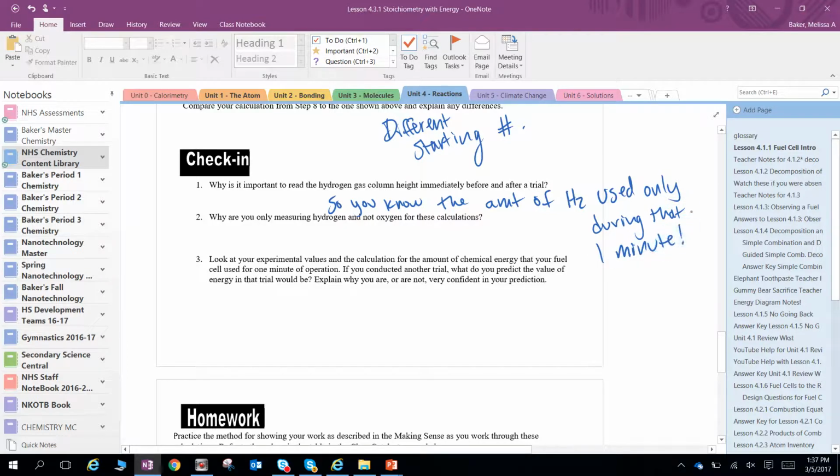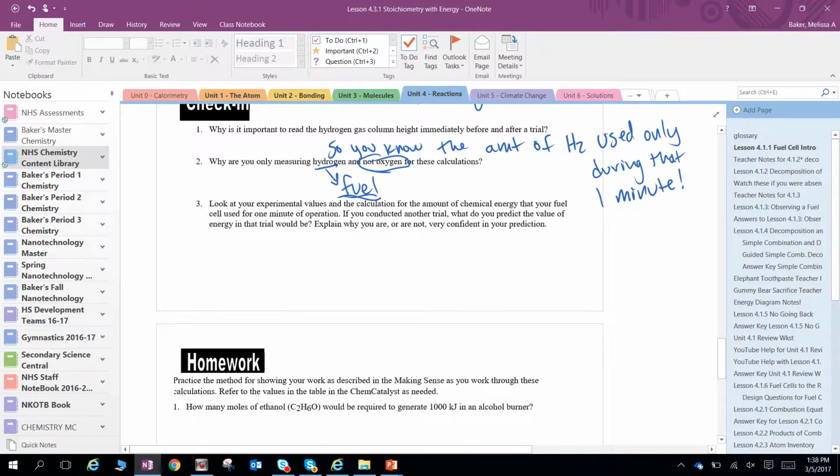Otherwise, if you wait a little bit longer, then it's not going to be quite the correct number that you need. And why are we measuring hydrogen and not oxygen? Well, hydrogen is the fuel, and we're going to learn about something called the limiting reactant. Technically, there's tons of oxygen in the air too, so the thing that runs out is the fuel.